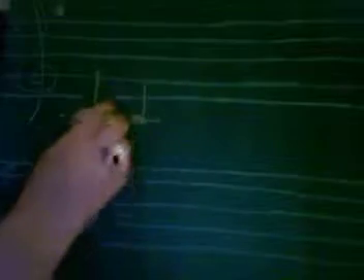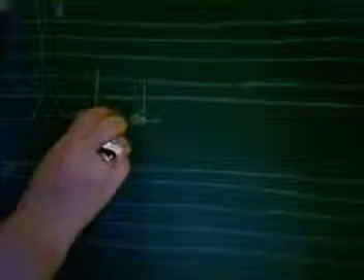Start with middle C. Now, when you take a note and you raise it, you make it higher by 1/2 a step. That's called making the note sharp. And sharp sort of looks like a little tic-tac-toe symbol.